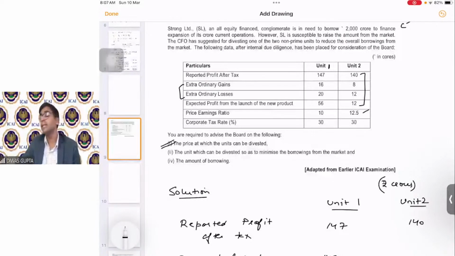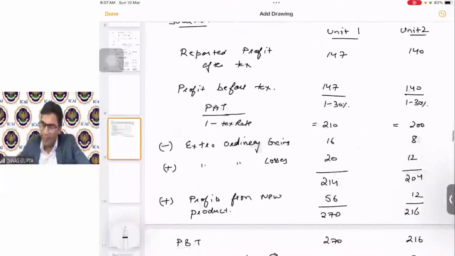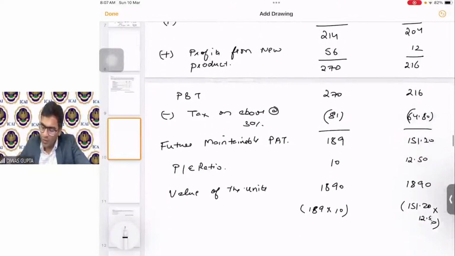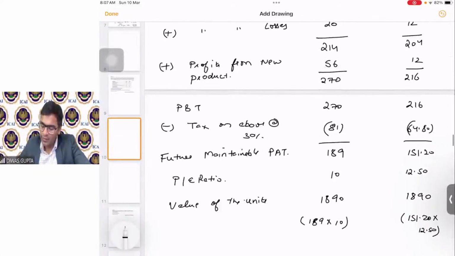Now they're asking us which unit will you prefer to divest? Come on, students, tell me what is your hypothesis, or what is your understanding saying? See, the value is same. Which unit do you think should be divested?